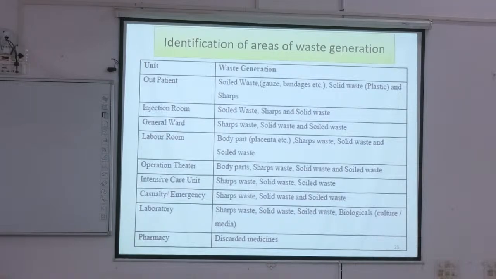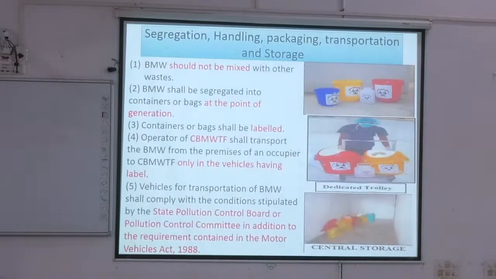In the general ward, sharp waste, soiled waste and solid waste you can find. In the labor room, body parts, placenta, etc. In the operation theatre, body parts, sharp waste, solid waste and soiled waste can be generated. In the laboratory and pharmacy, discarded or expired medicine you can also find.